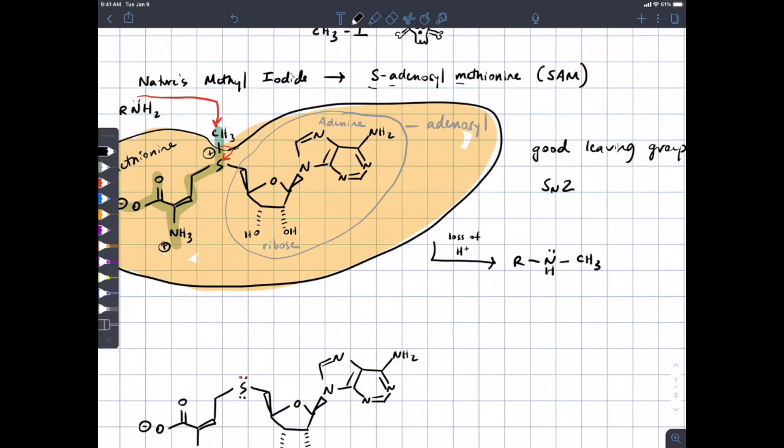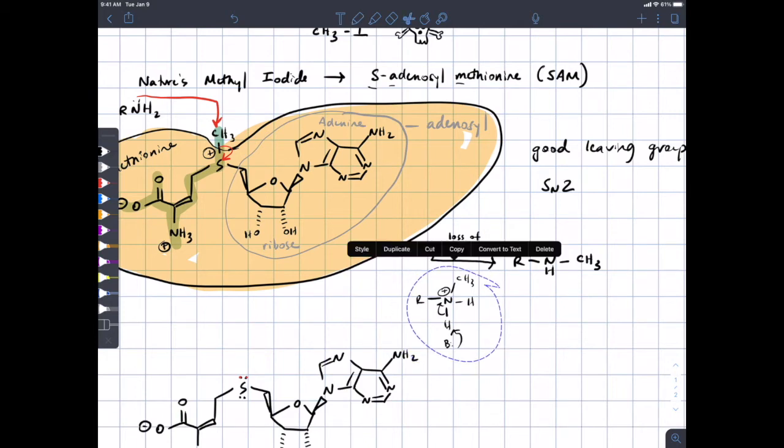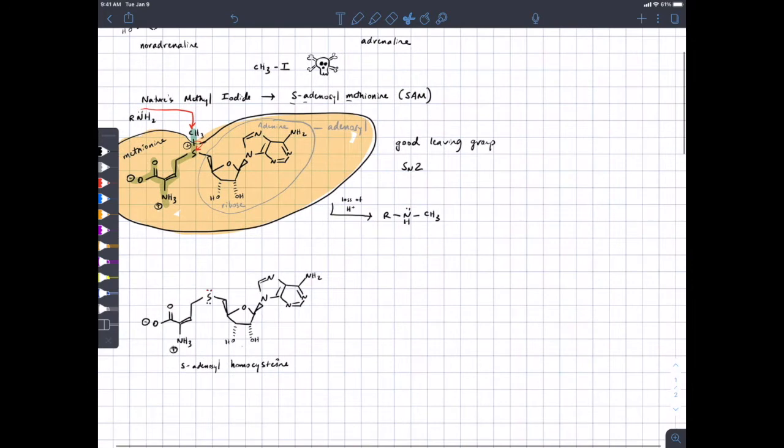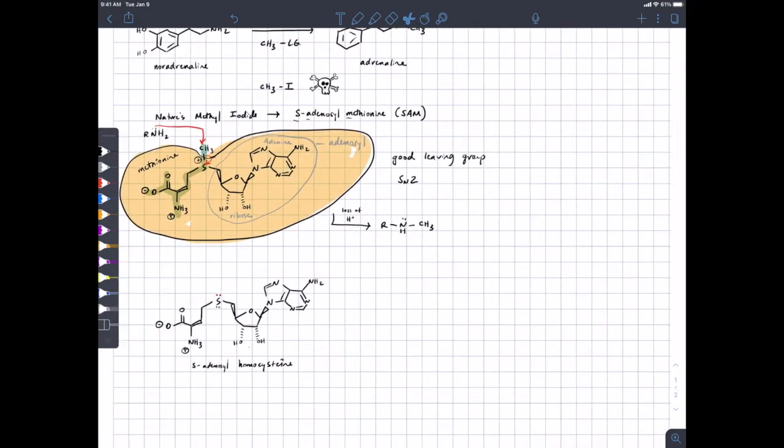And so at some point there was probably an intermediate that looked like this, where the nitrogen had a positive formal charge and it got deprotonated by some base along the way, but I figured why worry about that at this point.